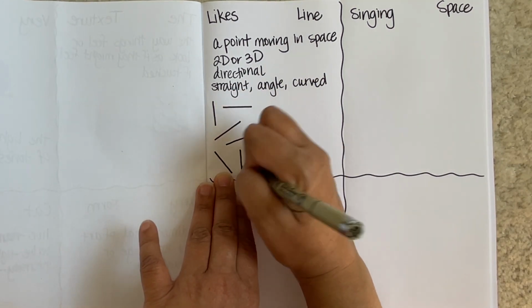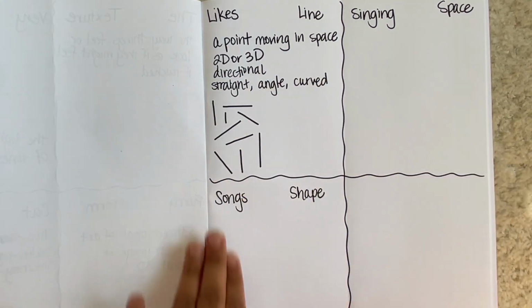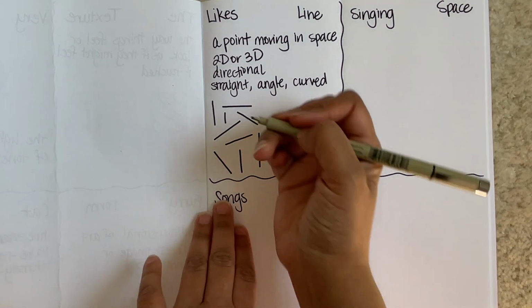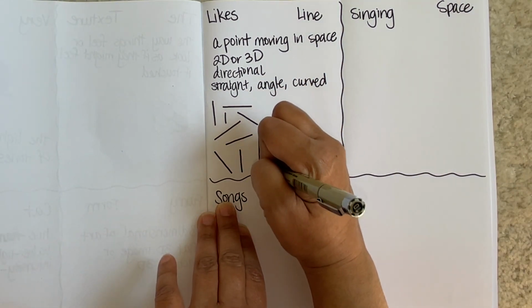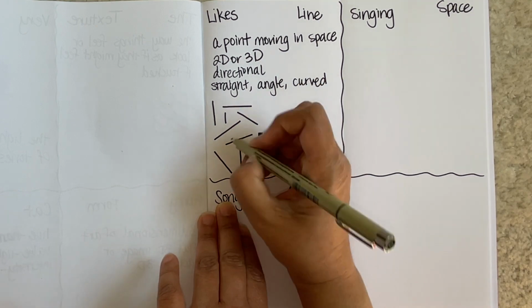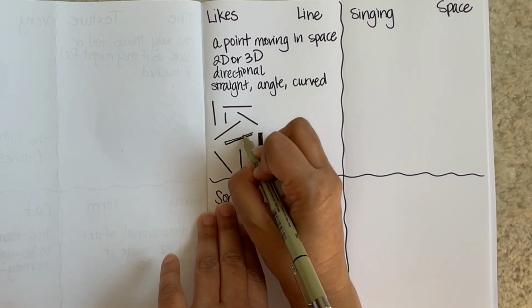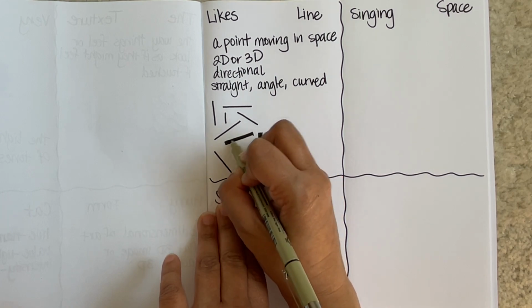There's no other ways to show the straight line. They can be short or small and thick or thin, but these are kind of the directions, and there's no other ways to draw straight lines. There's just one way to draw it, really.